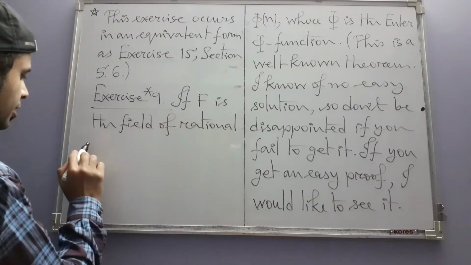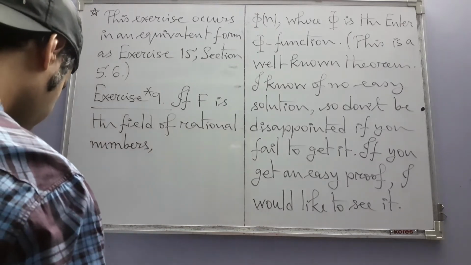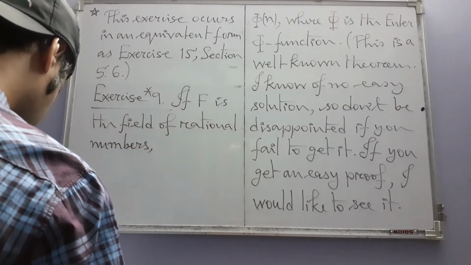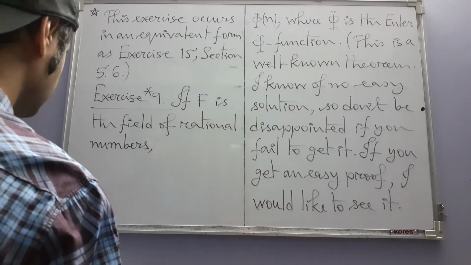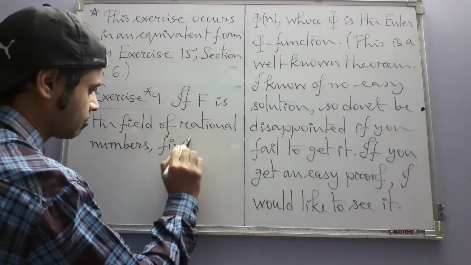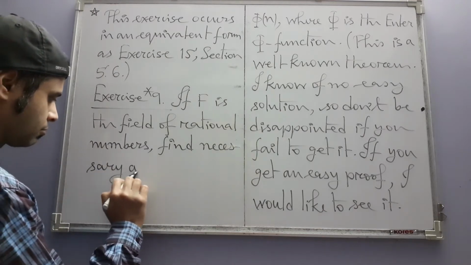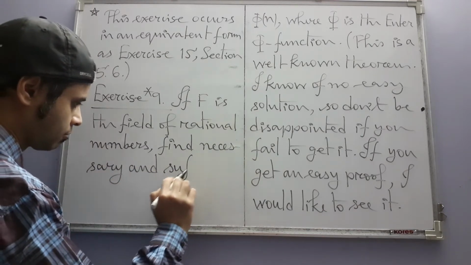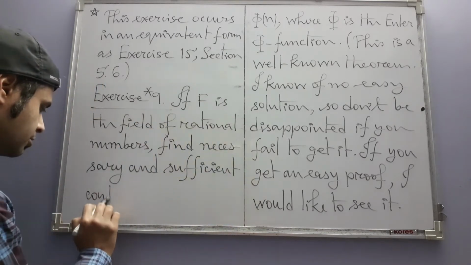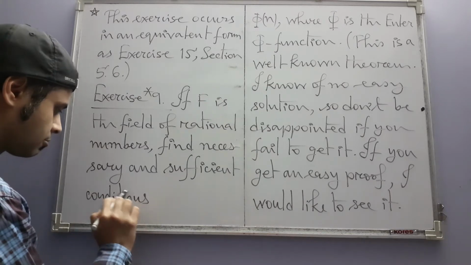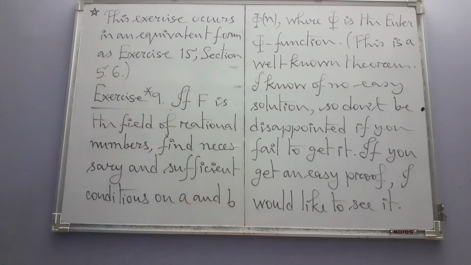If F is the field of rational numbers, find necessary and sufficient conditions on A and B.